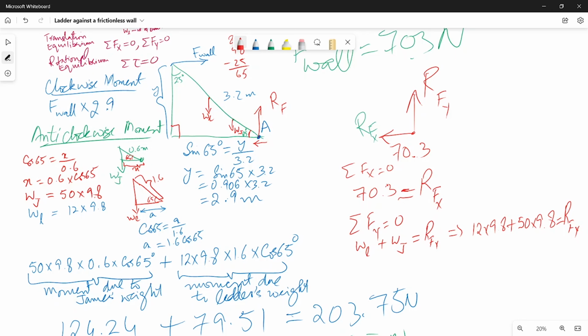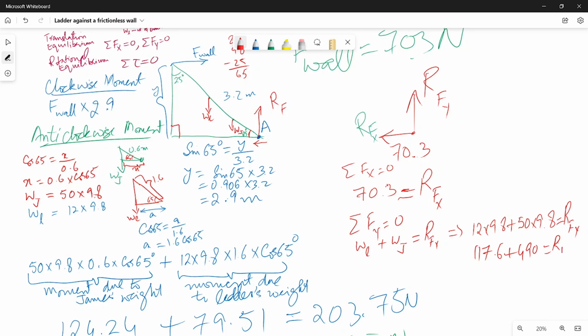So we just calculate it quickly. Let me take my calculator. 12 times 9.8 is 117.6, and then 50 times 9.8 is 490.